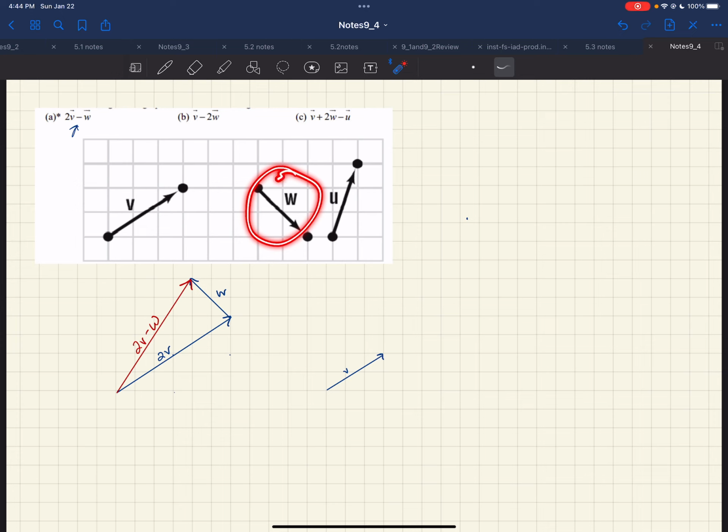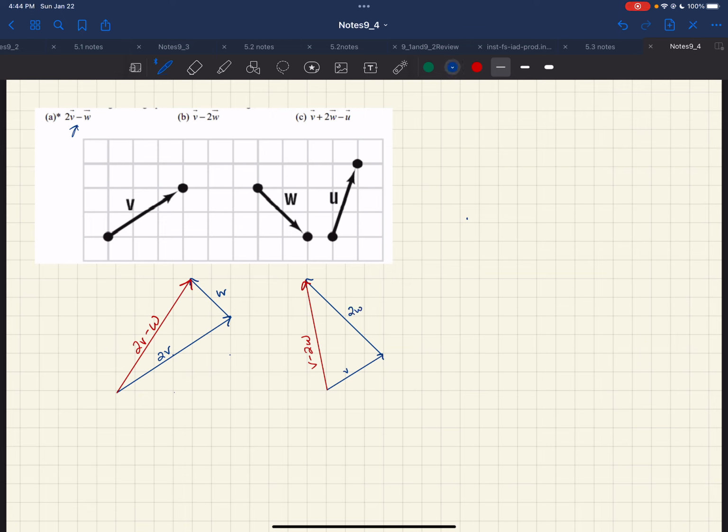That's our normal w, but I have negative 2w. So that's going to go up this way twice. So that's going to be this and then this value. Okay, so we should have a resultant vector that looks like this. So this is actually going to be v minus 2w, where this is 2w.